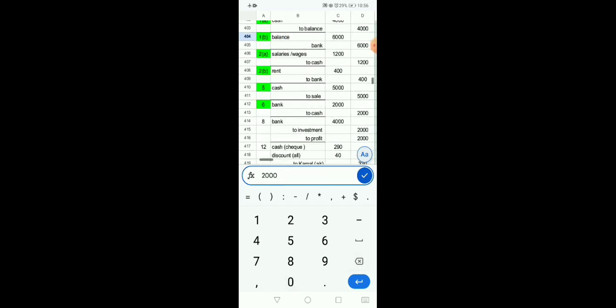In front of investment it is written 2000, and in front of profit it is also 2000. So ultimately you have increased your bank account by 4000, and in front of bank that is 4000. Just because we had two references, we have divided our 4000 into two parts: 2000 for investment, 2000 for profit.